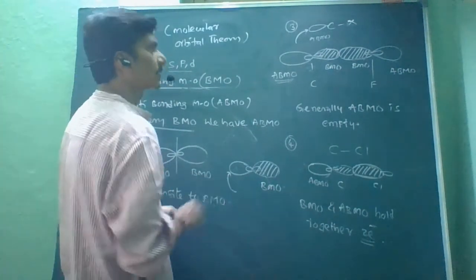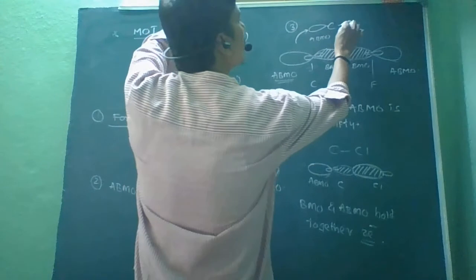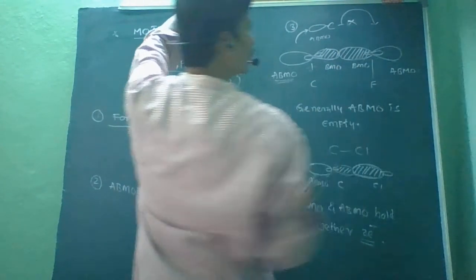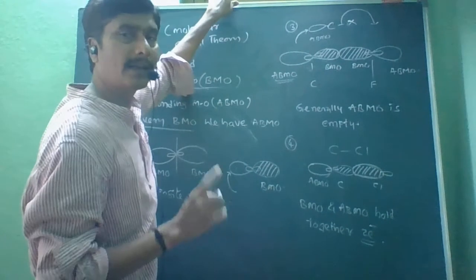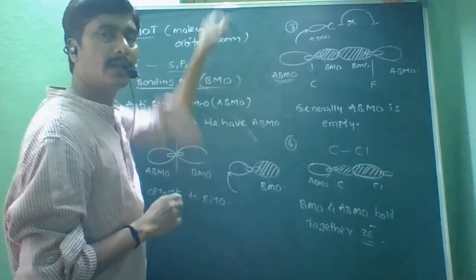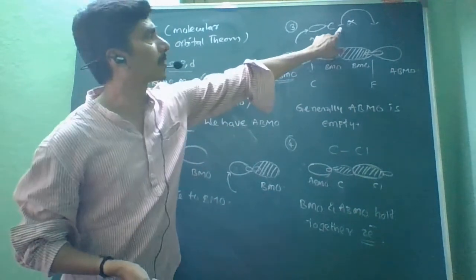So this bonding electron pair goes out as a leaving group along with this electron pair.